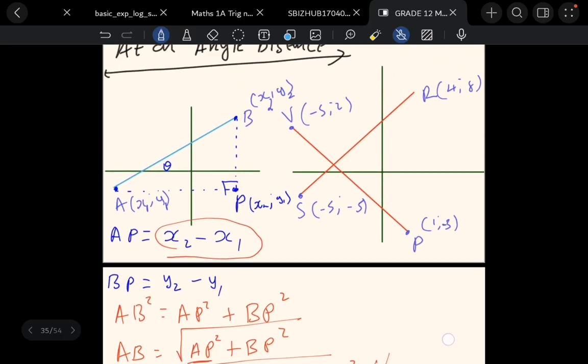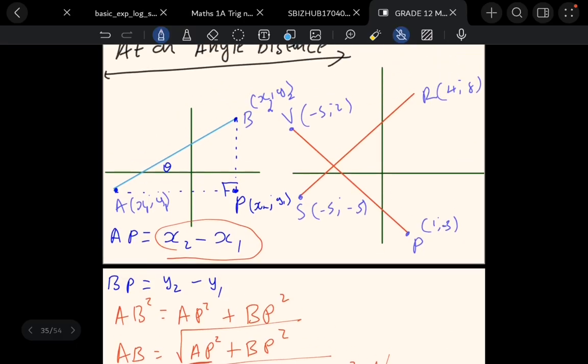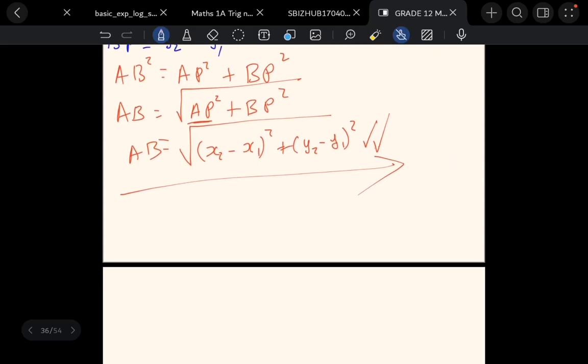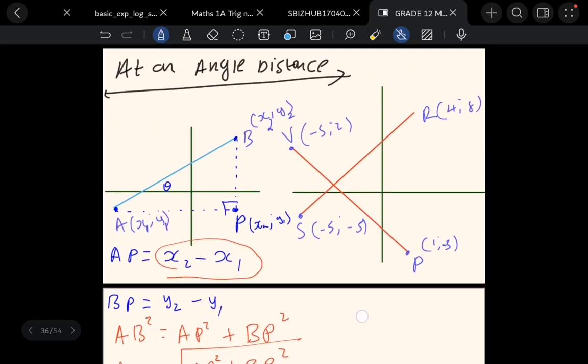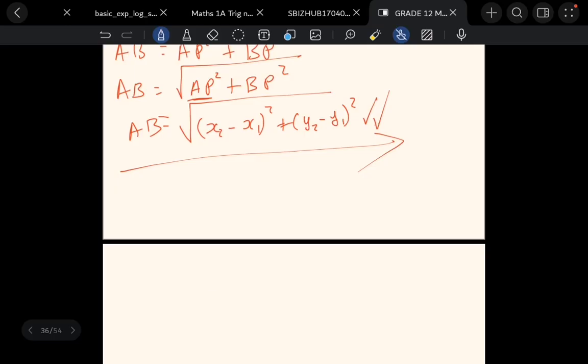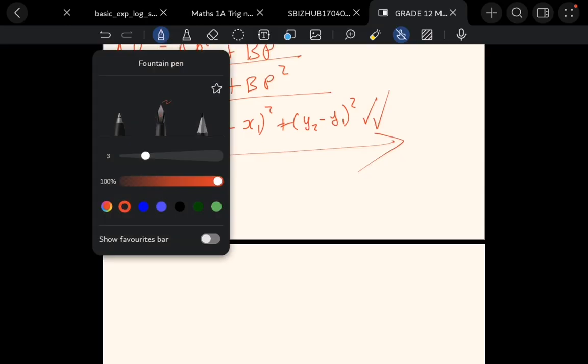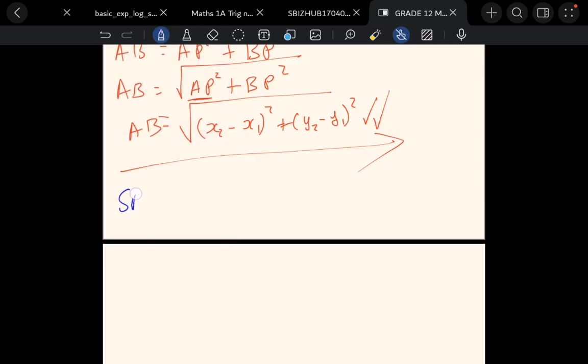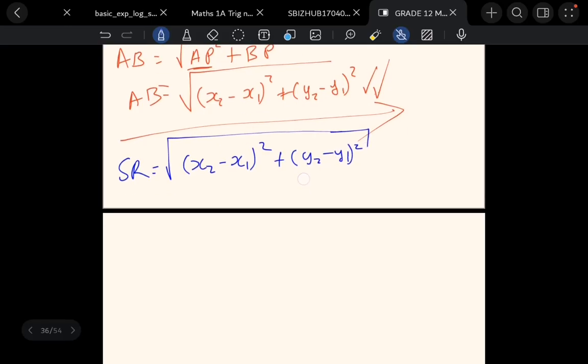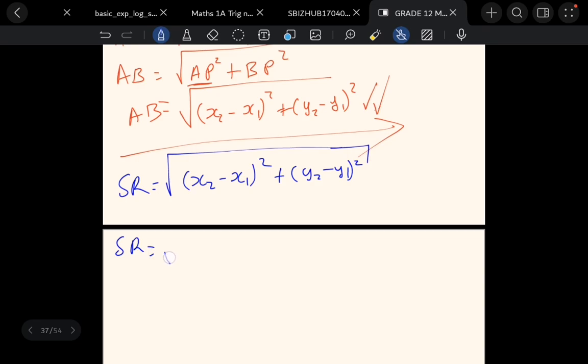So, how can we calculate the distance? Very simple. It does not matter which point is x1 or y1. Now to calculate the distance SR, the distance SR is equal to the square root of x2 minus x1 squared plus y2 minus y1 squared. Right? And then substitute.